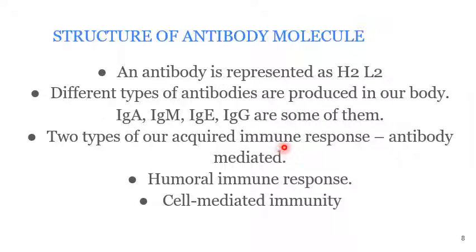It is not innate, it is not present in our body, but we get it. And that is mediated by the humoral immune response. Humoral refers to the one induced by chemicals. But there is one more type called cell mediated. Our own body cells have the capacity to produce certain proteins which can act as antibodies to fight the pathogen.